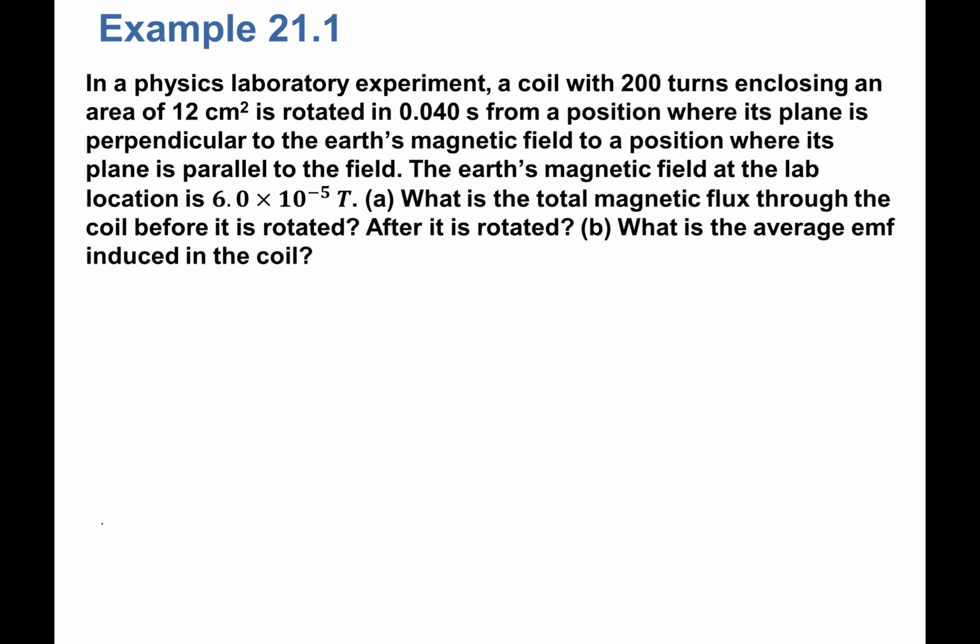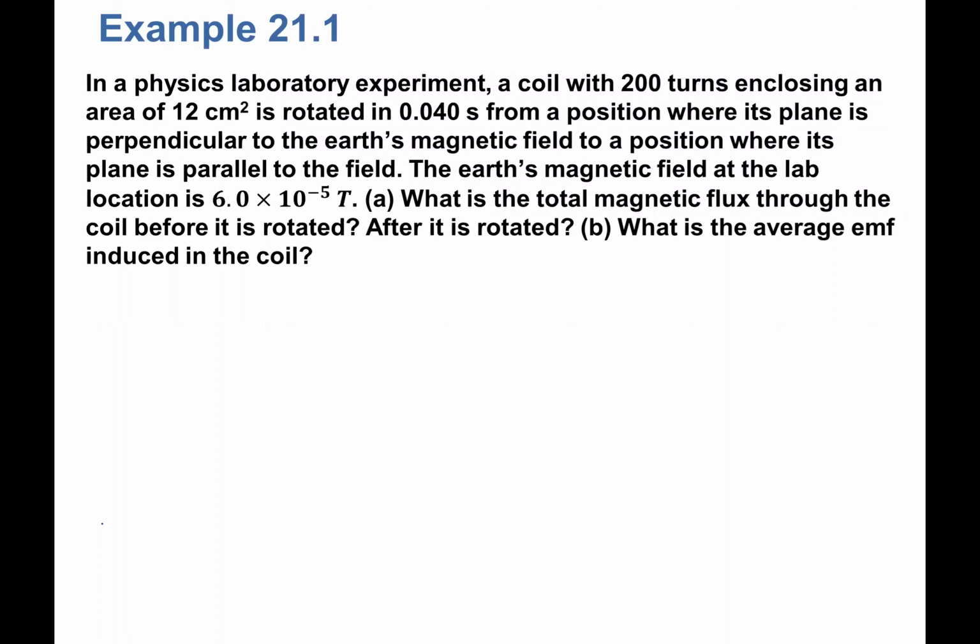The Earth's magnetic field at the lab location is 6 × 10⁻⁵ Tesla. For part A, what is the total magnetic flux through the coil before it is rotated, and after it is rotated? For part B, what is the average EMF induced in the coil?